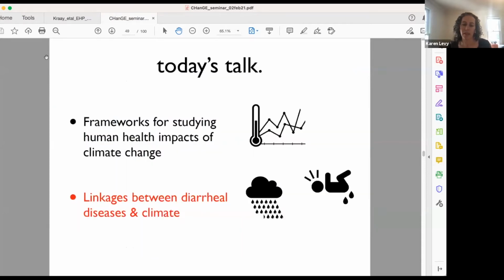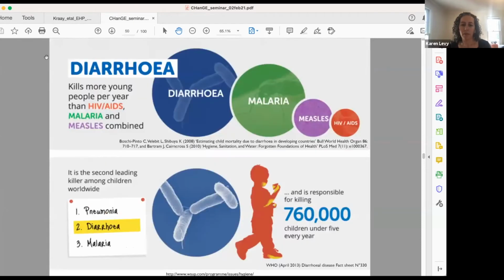So now thinking specifically about diarrheal diseases and climate. First of all, just for those of you who don't know, diarrhea is still responsible for a really unacceptably high toll globally, and is one of the top leading killers of children worldwide.